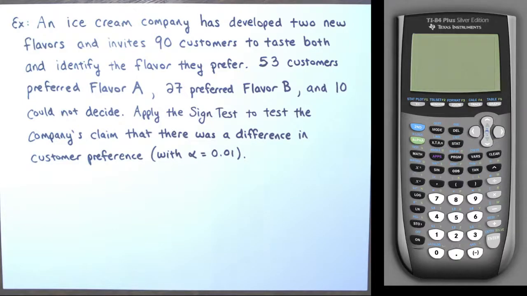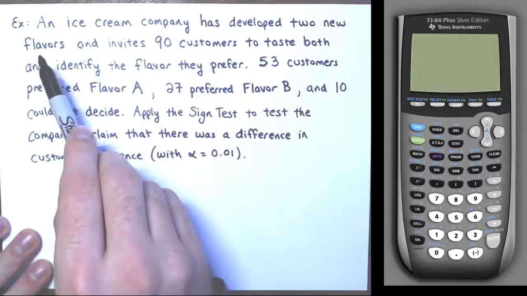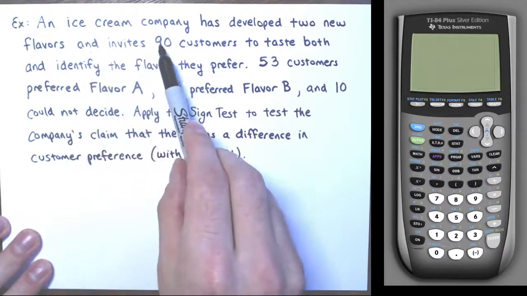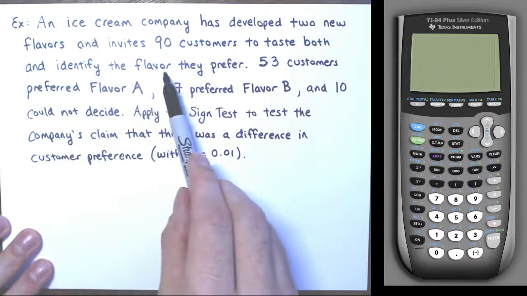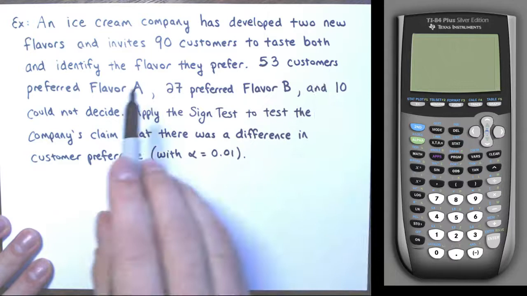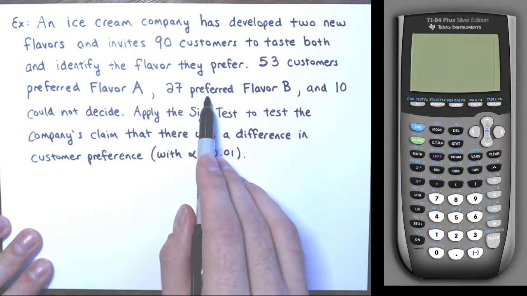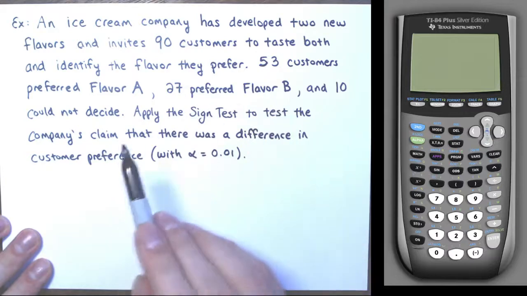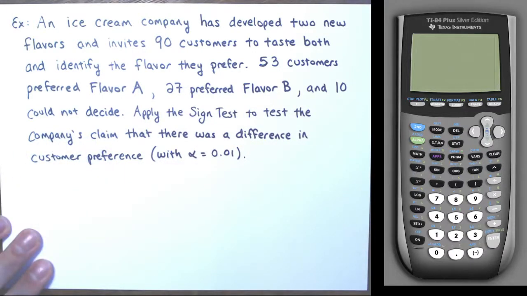So here, an ice cream company has developed 2 new flavors and invites 90 customers to taste both and identify the flavor they prefer. 53 customers preferred flavor A, 27 customers preferred flavor B, and 10 could not decide, so they didn't prefer one over the other.